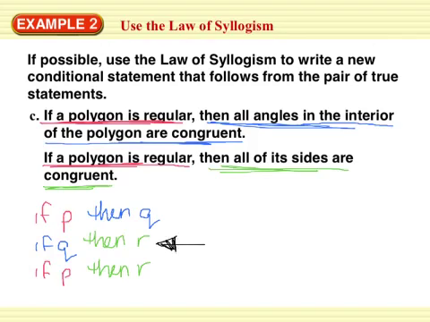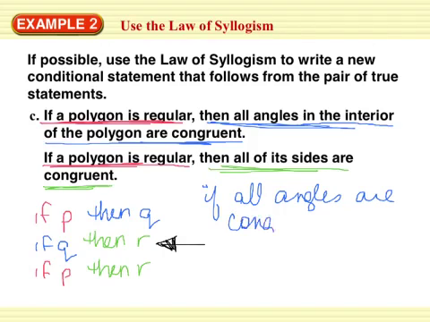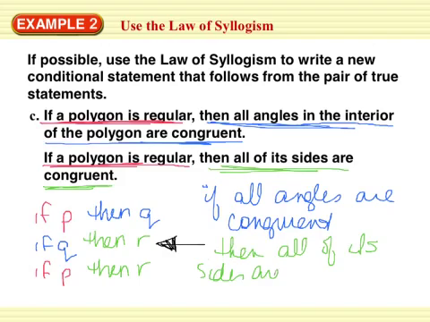I could say if all angles are congruent, then all of its sides are congruent.